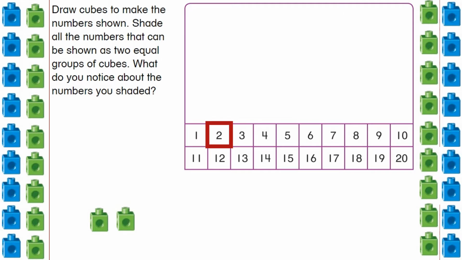Okay, well now I have the number 2 highlighted. I have a box around it, and I have 2 cubes. Okay, so there's 3. Oh, and there's 4. I'm starting to see something.